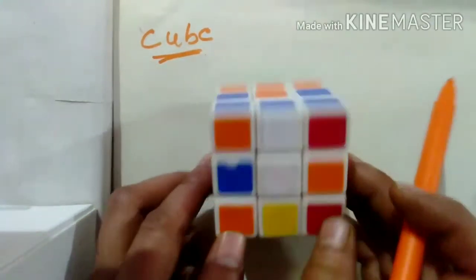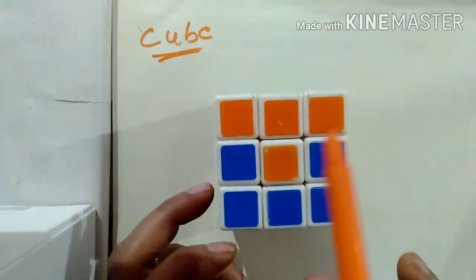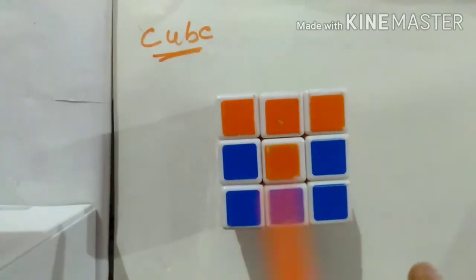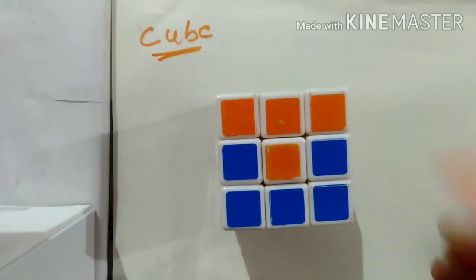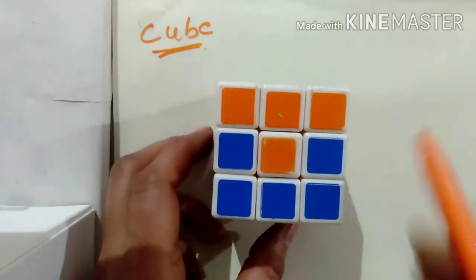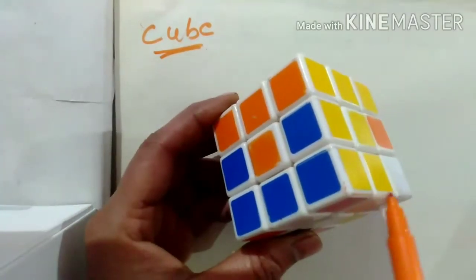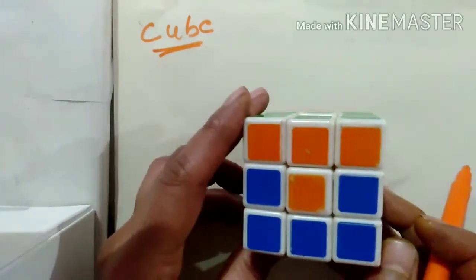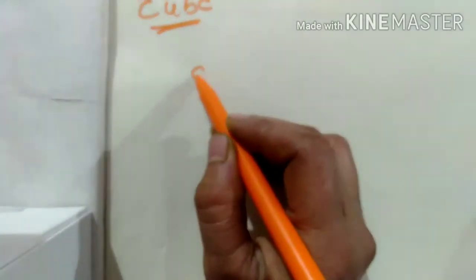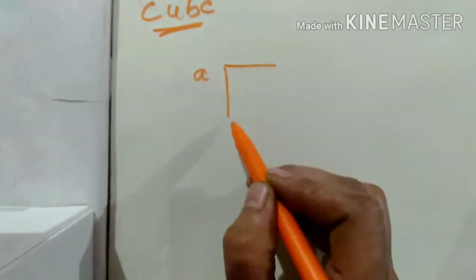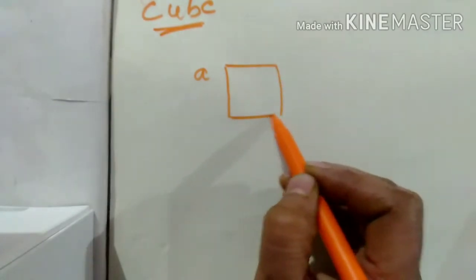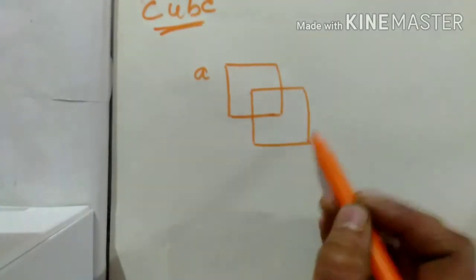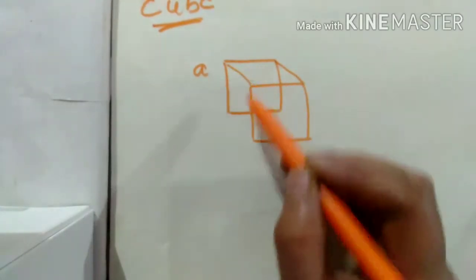So this is a cuboid. This is a cubical box, said to be a cube. Each side is equal, whether it is length, breadth or height. These 3 are equal and they are given as A. We just draw a square like this, then another square like this, and join the corners.